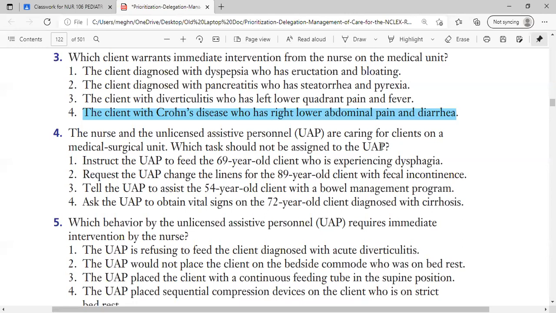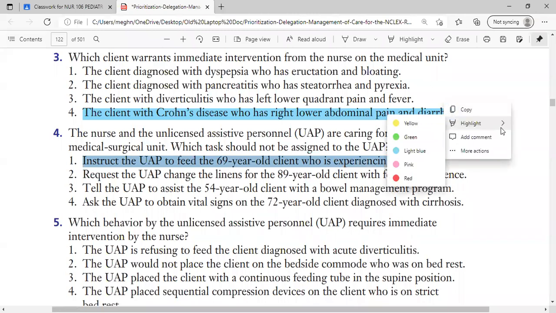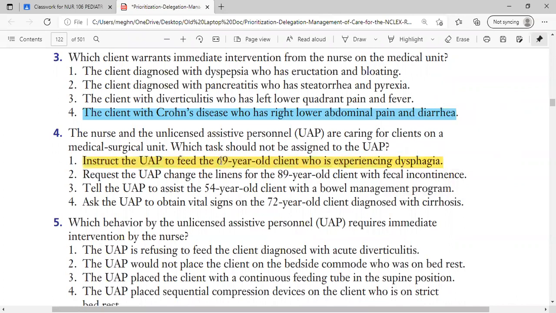And this requires judgment that the UAP is not expected to exercise. So definitely this is the choice. Regardless, even though we do not read the other options, we are sure this is not the patient for the UAP.